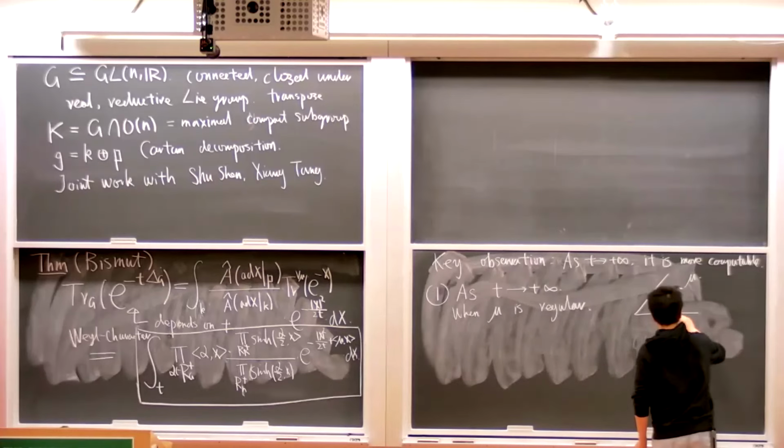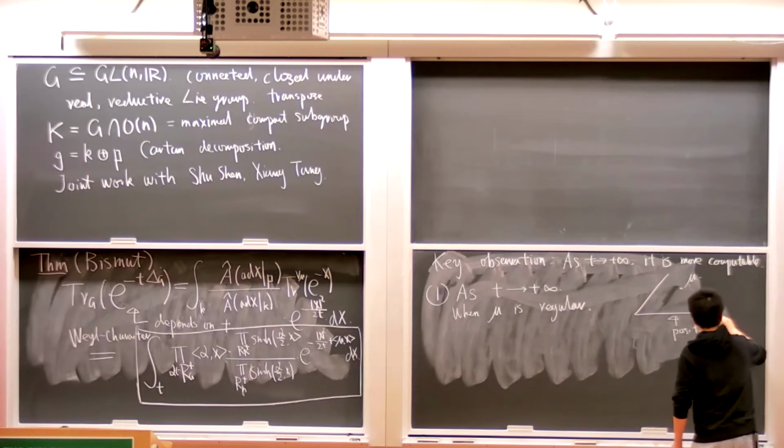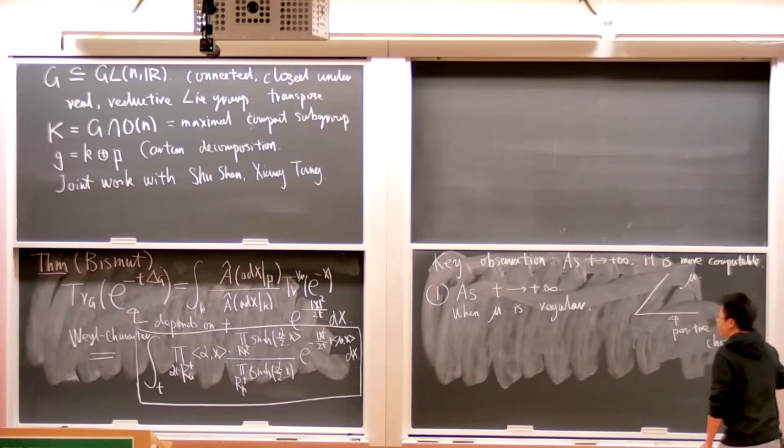You have to make a choice of a positive Weyl chamber. So the first simplification is that instead of integrating over all of the Lie algebra t, you can just restrict yourself to a cone, a positive Weyl chamber.